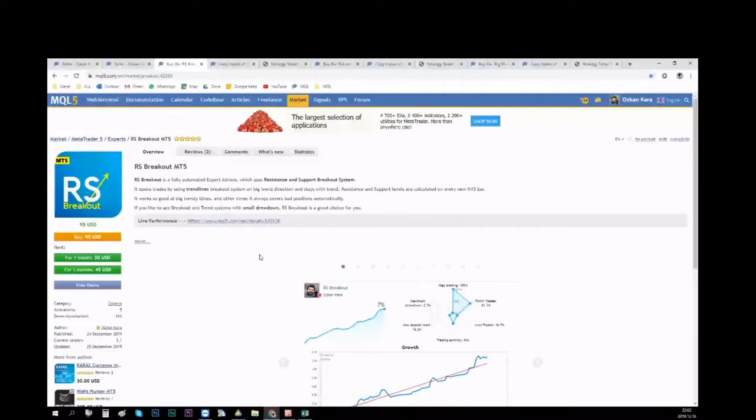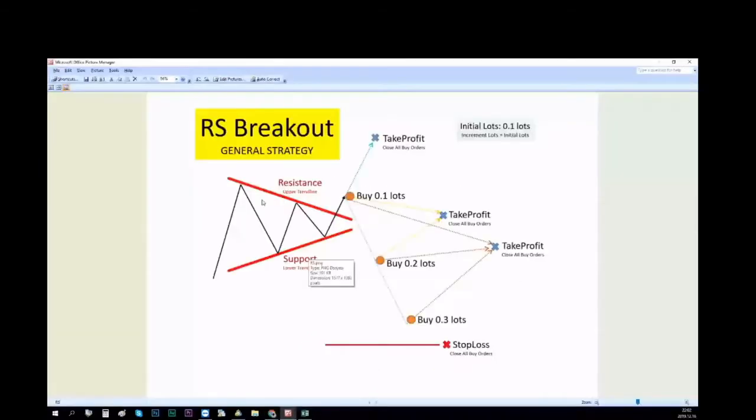RS Breakout: resistance and support. Everybody uses resistance and support, hedge funds, big traders also, and I'm searching for resistance and support levels. For example, if the price goes up to the resistance, we are going to buy.